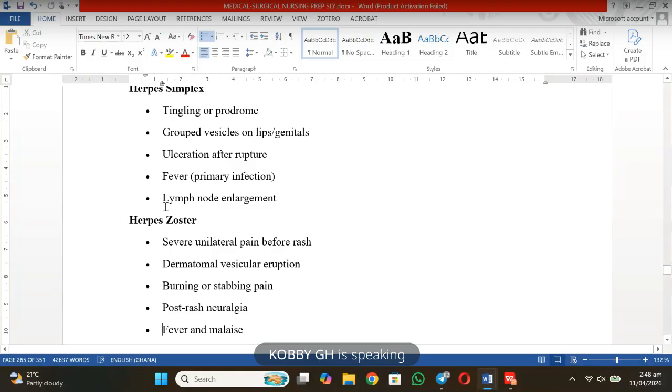But one key thing that will help you identify in exams that the examiner is talking about herpes zoster is when they use unilateral rash. So remember, herpes zoster manifests at one part of the body, unilateral. Is that okay? So pay attention to that as well.